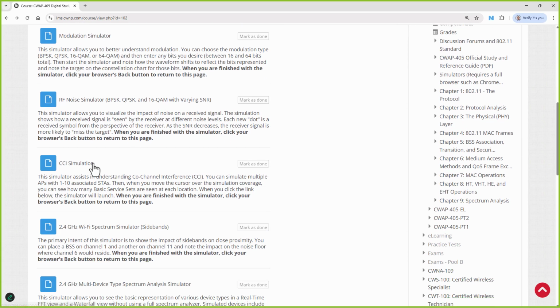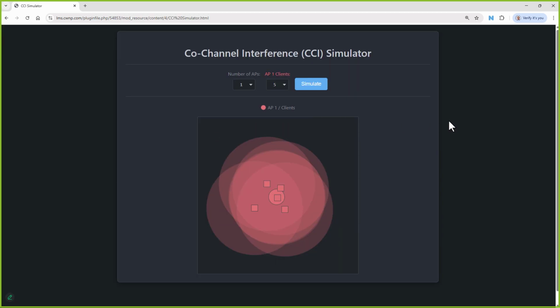Now, another area of common confusion: co-channel interference, CCI. The point of this simulator is to drive home that CCI is not caused by access points. CCI is caused by wireless stations in the same channel.